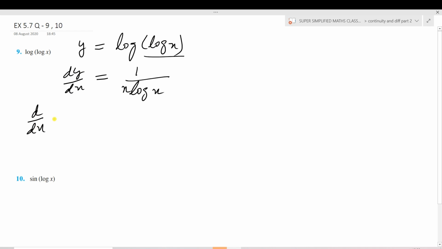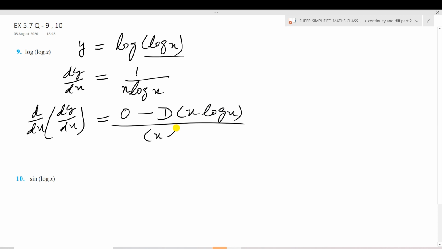So d by dx of dy by dx is equal to, now you can see we shall apply the quotient rule. So as per the quotient rule, derivative of numerator into denominator, it becomes 0 minus derivative of denominator, that is derivative of x log x, divided by x log x whole square. So we can simplify it. We find the derivative of x log x using the product rule.